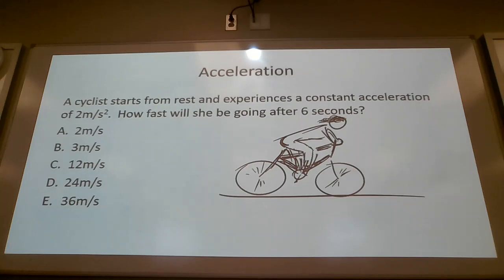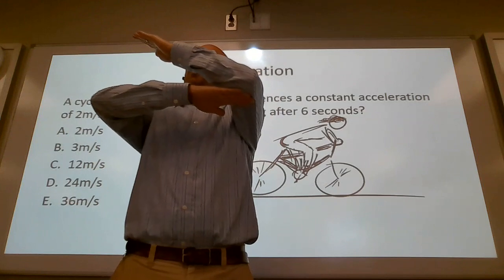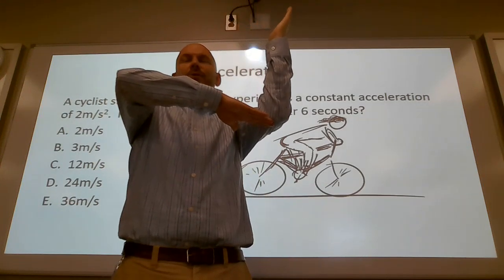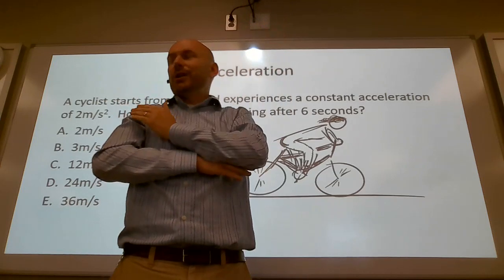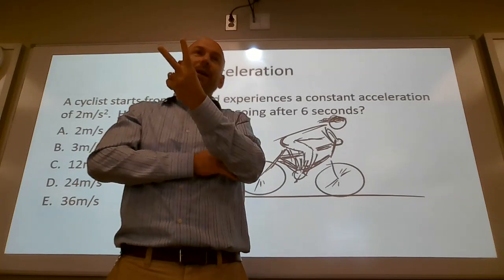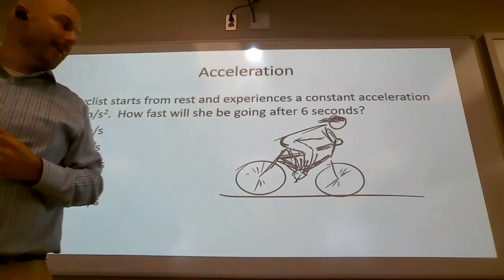Conceptually, correct answer is C. Here's the idea. Every second that goes by, you change your velocity by 2 meters a second. So it goes 0, 2 meters a second, 4, 6, 8, 10, 12 meters a second. Over 6 seconds, changing your velocity by 2 meters per second every second, you'll have a total of 12 meters a second at the end.